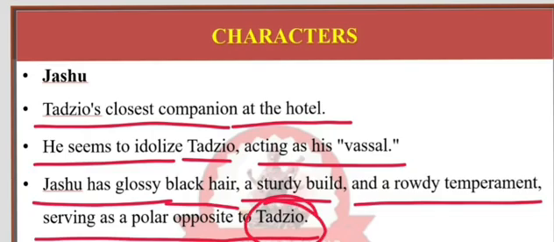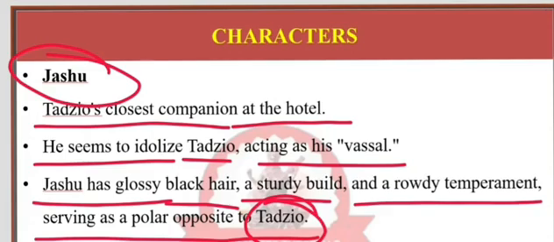He is beautiful, okay, he is handsome, at the same time he is well-mannered, very polite boy as well. Therefore, not only his beauty, but his nature also attracted other people. One of them was Jashu, and another one is the protagonist, Gustav. So, both of them loved Tadzio.